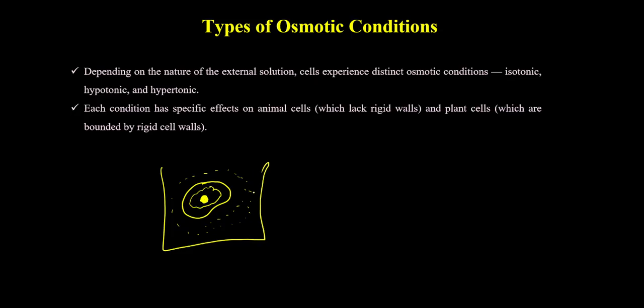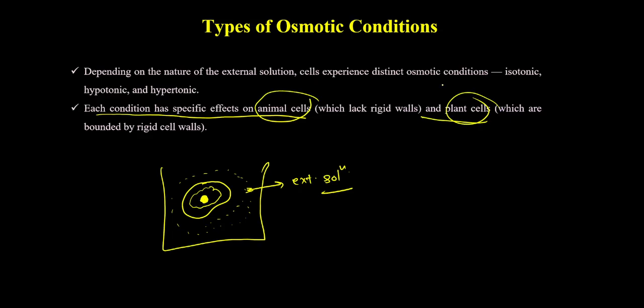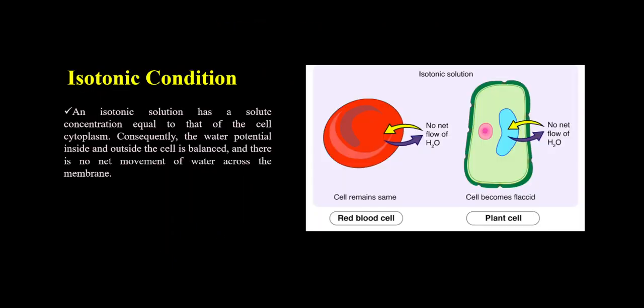So on the basis of the external solution, the cell experiences distinct osmotic conditions like isotonic, hypotonic and hypertonic, and each of these conditions has specific effects on the animal cell as well as the plant cell. Okay, let us discuss these effects one by one.